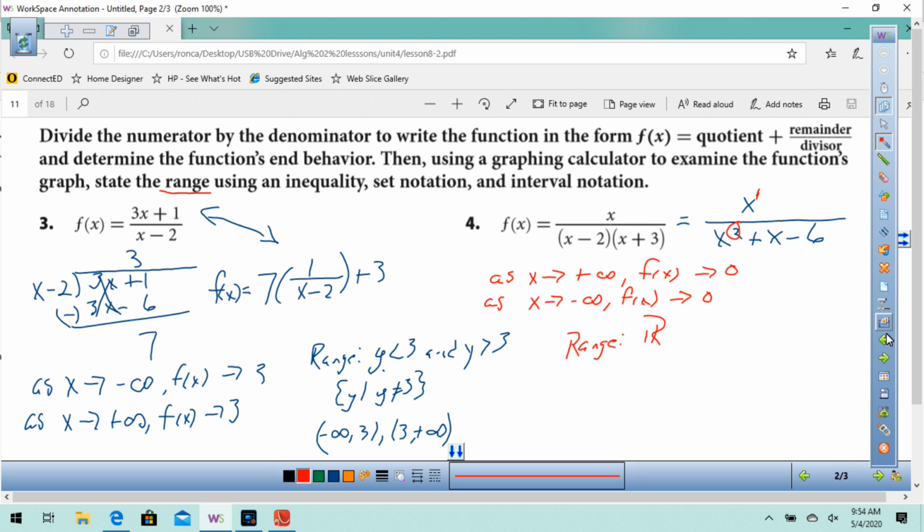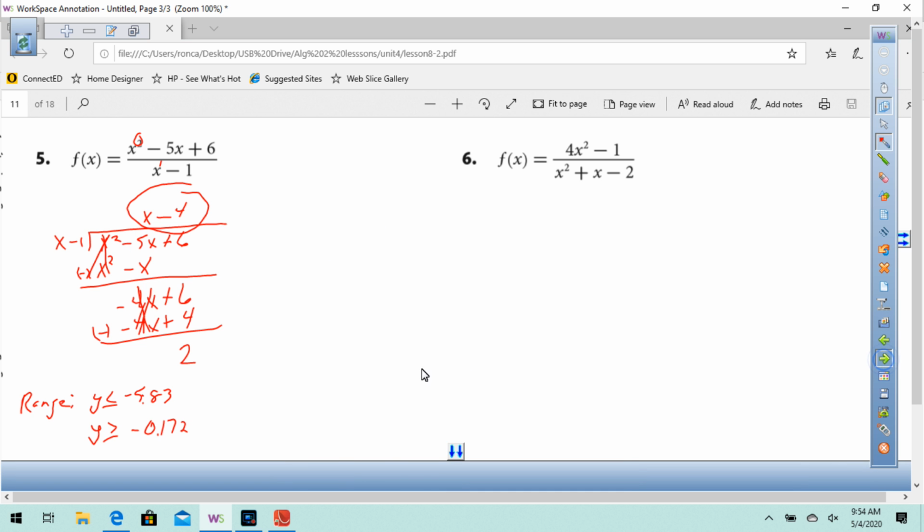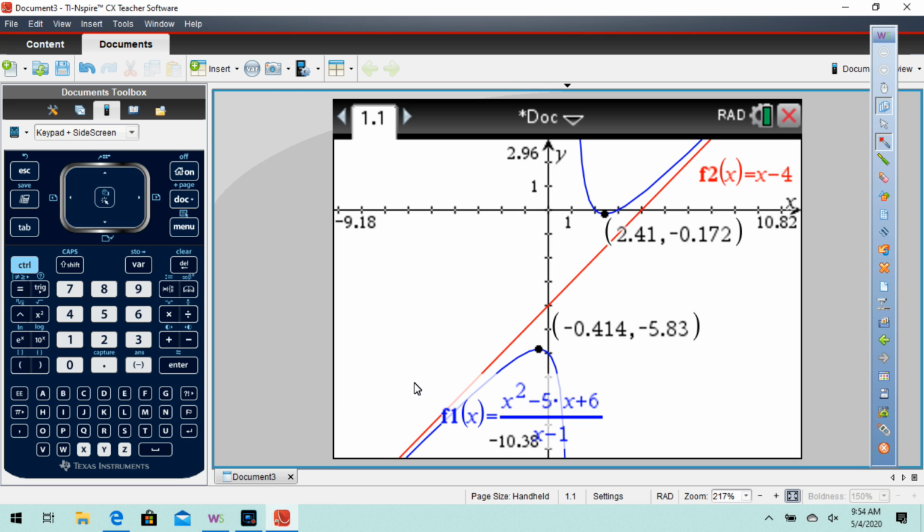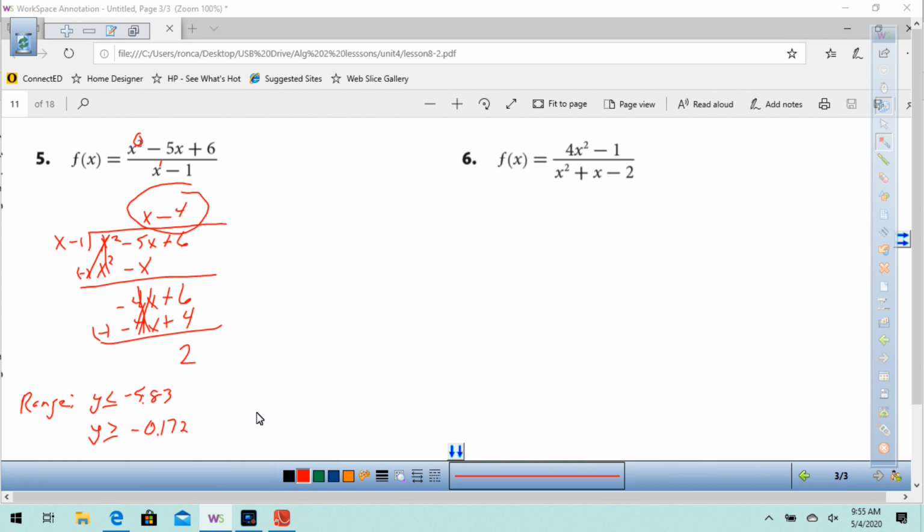The end behavior. Let's take a look at the end behavior. As x approaches positive infinity out here, y, or f of x approaches positive infinity. As x approaches negative infinity, y approaches negative infinity. So let's write that.